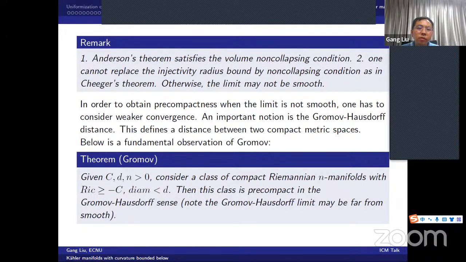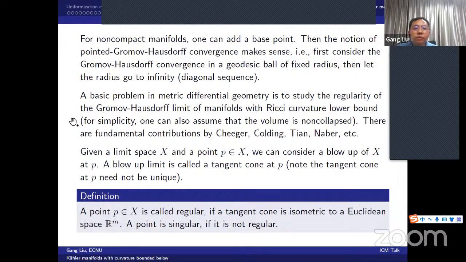The fundamental result of Gromov says that if you consider a class of compact n-manifolds with Ricci bounded from below and diameter bounded from above, then this class is pre-compact in the Gromov-Hausdorff sense. We know that the limit may be far from smooth. In fact, this theorem also holds for the non-compact case if one considers the notion of pointed Gromov-Hausdorff convergence.